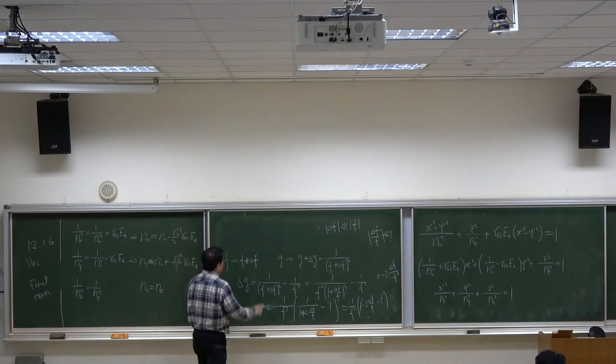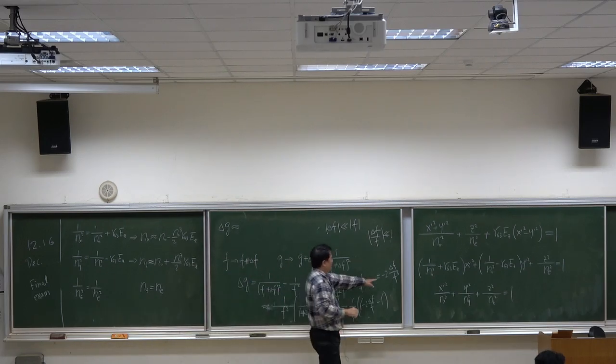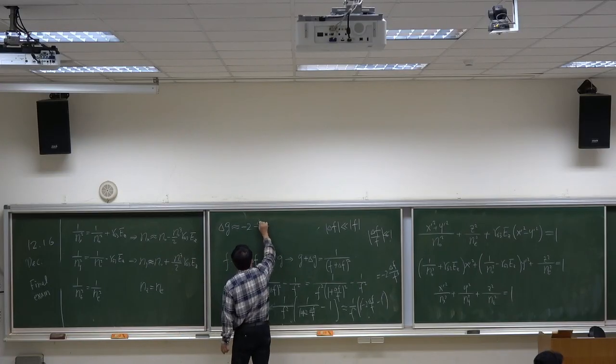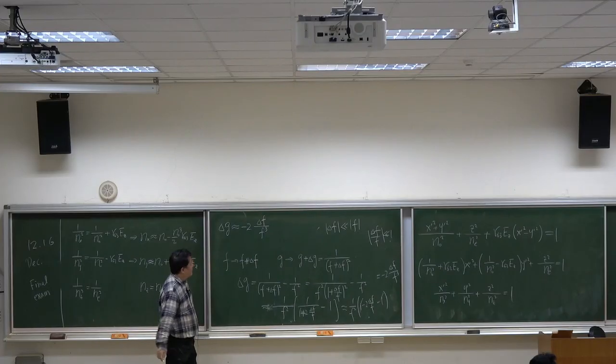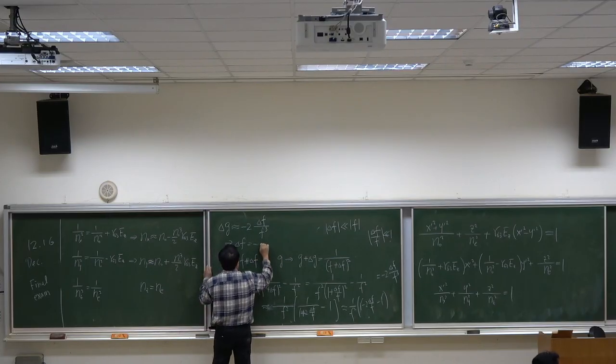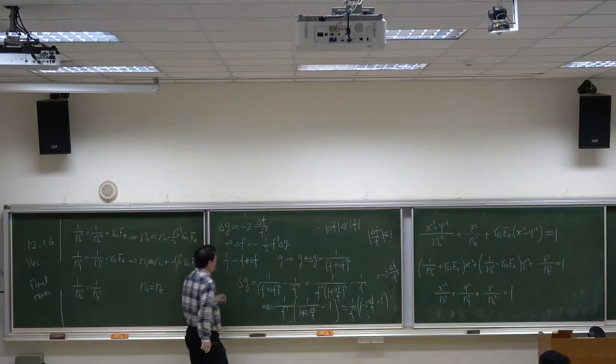So we see that if the change is very small, delta g can be approximated by minus 2 delta f over f cubed, which means that delta f can be written as minus 1/2 f cubed times delta g.